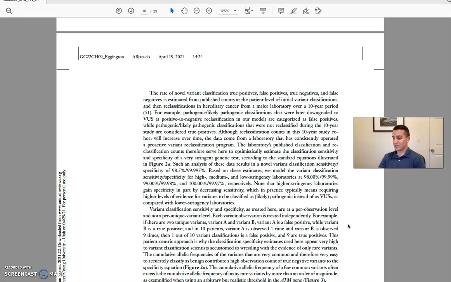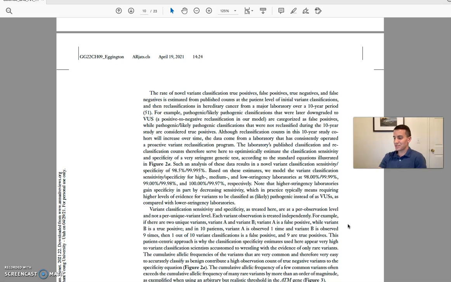Based on these estimates, we model the variant classification sensitivity and specificity for high, medium, and low stringency laboratories at 98.00% sensitivity and 99.99% specificity for high, 99.00% sensitivity and 99.98% specificity for medium, and 100.00% sensitivity and 99.97% specificity for low.